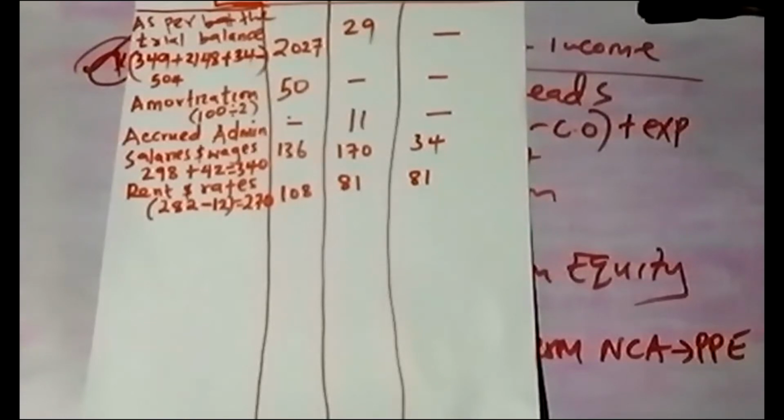So we need to get the gain or loss on the disposal of that machine. What I will do, I have to open a disposal account here.